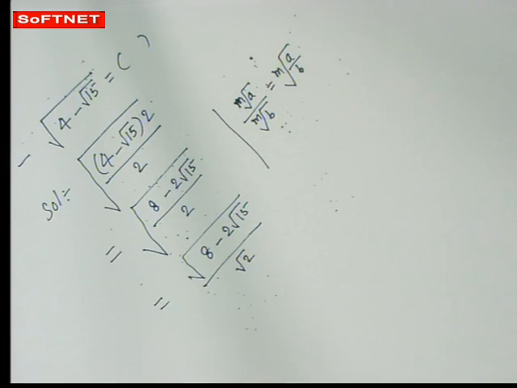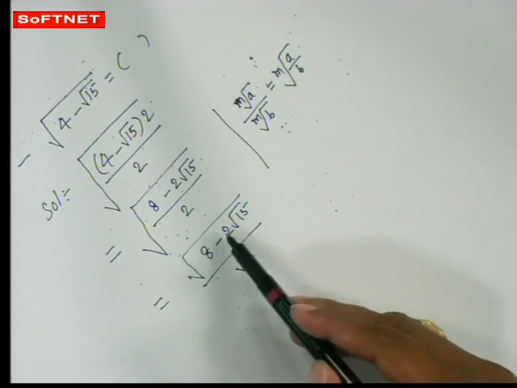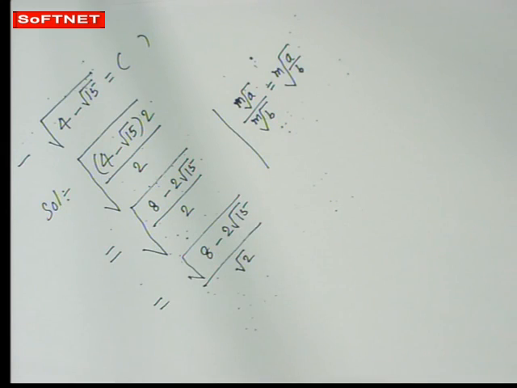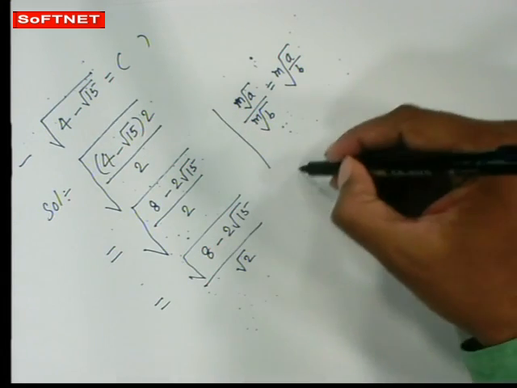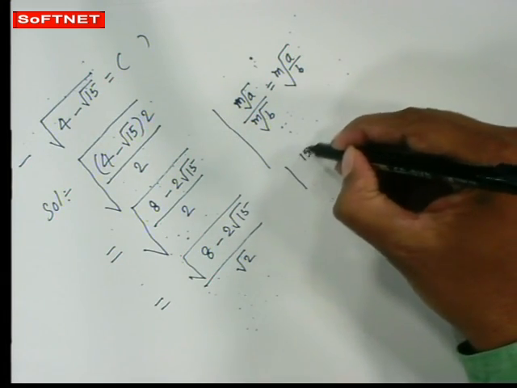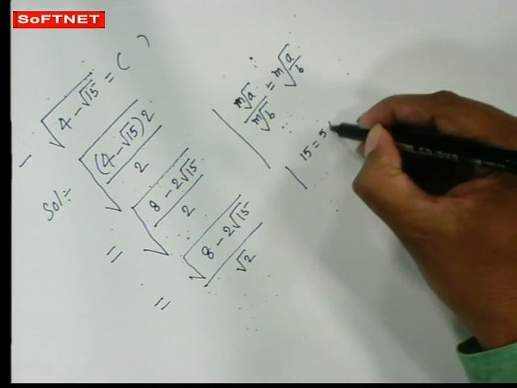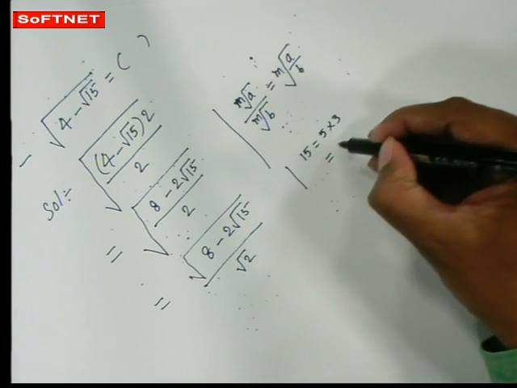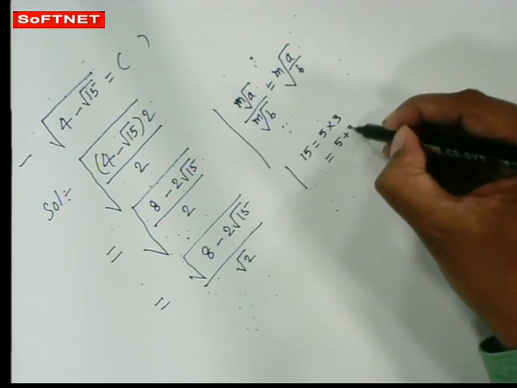Let us concentrate on the numerator, which is square root of 8 minus 2 root 15. Let us find the factors of 15. What are the factors of 15? 5 into 3. Let us add these two factors, 5 plus 3. Yes, we get 8.